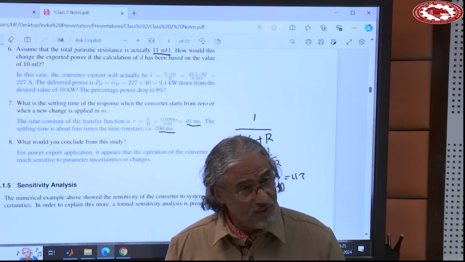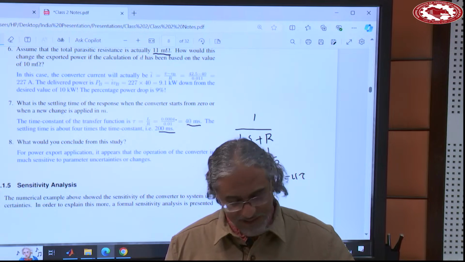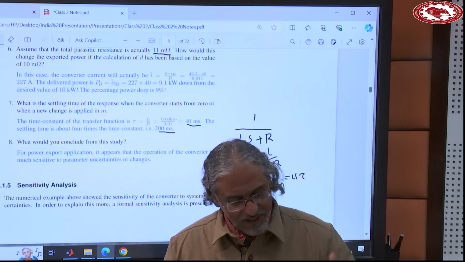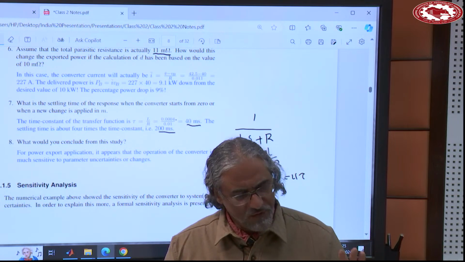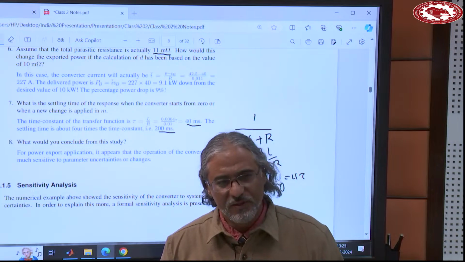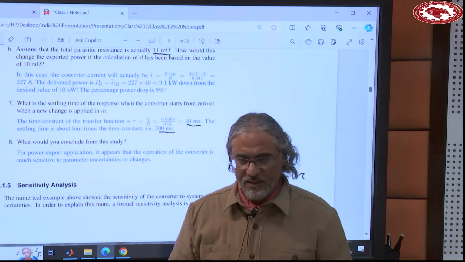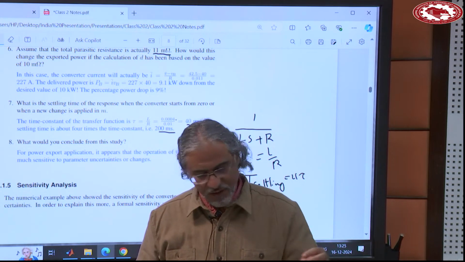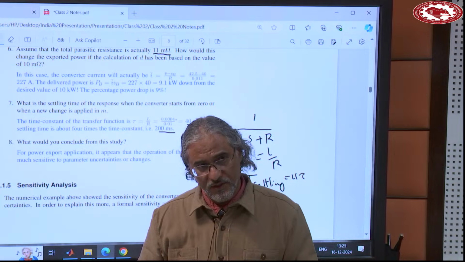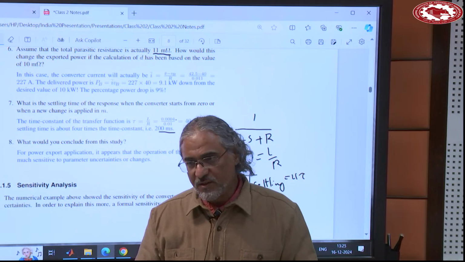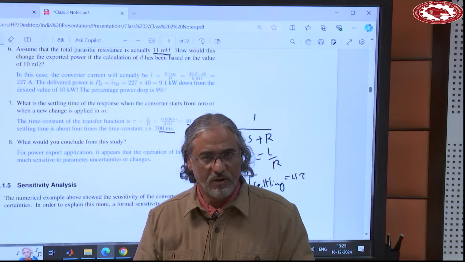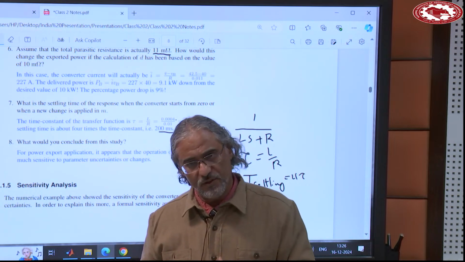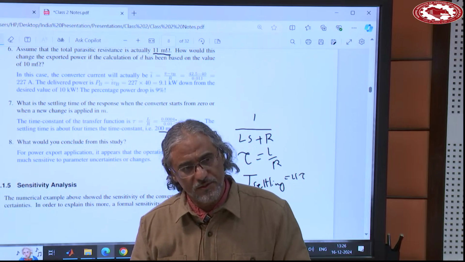And then again, you may ask, who is going to control the other voltage? And you will see that if the whole situation is put together in a proper way, the voltage on the PV terminal will automatically be controlled. So there is a situation where you can release the first converter from controlling the PV voltage and assign it to control the DC link voltage. But this scenario is not very common. The common scenario is that the first converter controls the PV voltage and the inverter controls the DC link voltage.